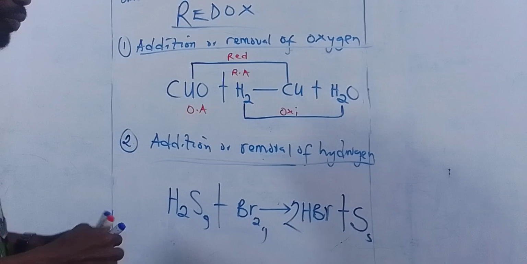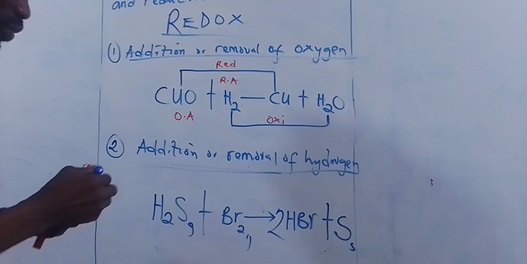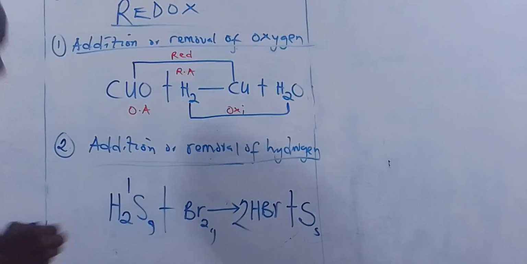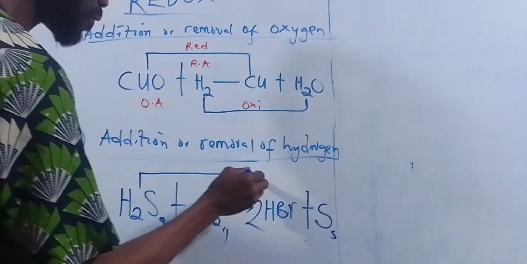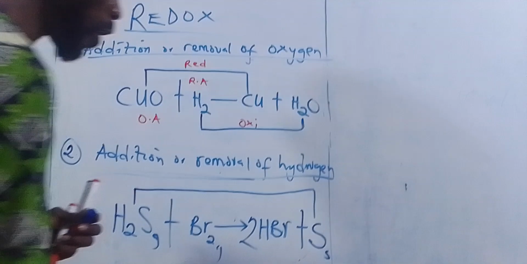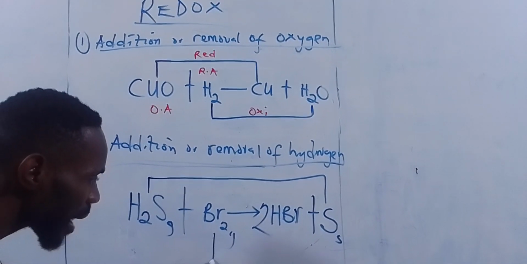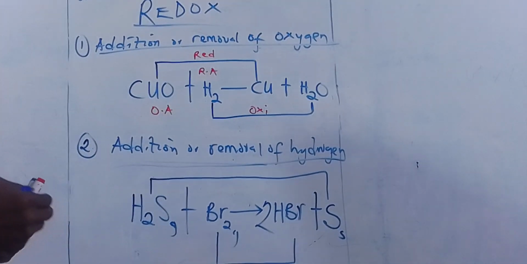Now from the reaction we have here, we have hydrogen sulfide, a hydrogen-containing compound, reacting with bromine. We define oxidation as the removal of hydrogen. So if you take a look at hydrogen sulfide here, hydrogen has been removed from hydrogen sulfide to form sulfur, while hydrogen has been added to bromine to form hydrogen bromide.